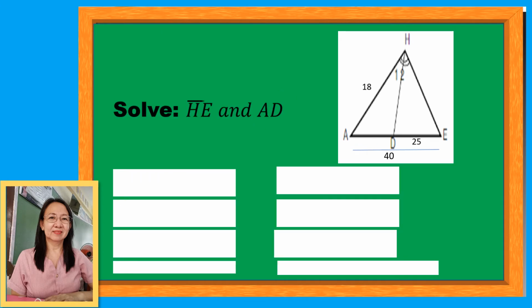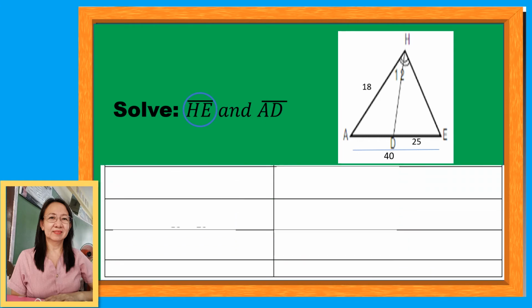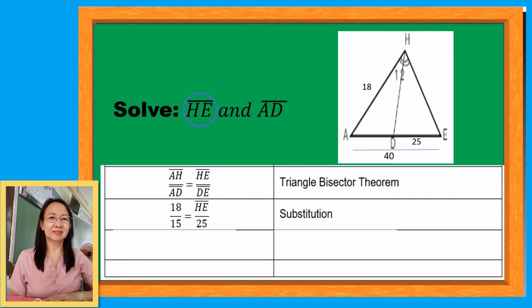On the other hand, let us solve for HE. Now for triangle bisector theorem application, we can say that the side AH is proportional to AD, and that is equal to HE is to DE. Then by substitution, the length of AH is 18 while AD is 15.